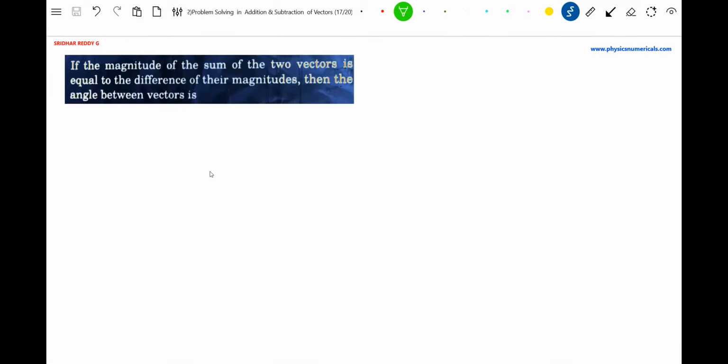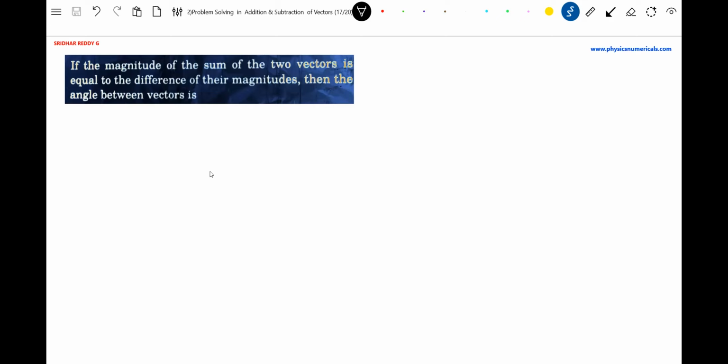If the magnitude of sum of two vectors is equal to the difference of their magnitudes, then the angle between the vectors is okay. I think we have to read the question. This is something with the magnitude of sum of the two vectors.